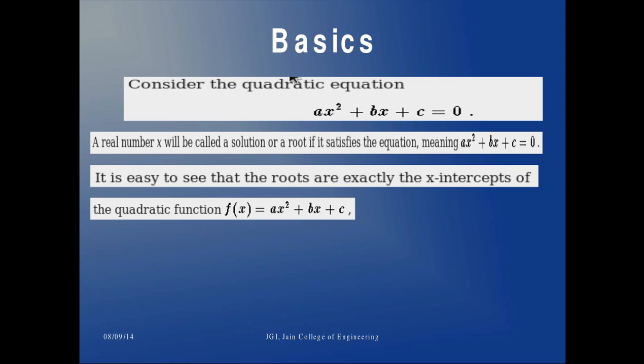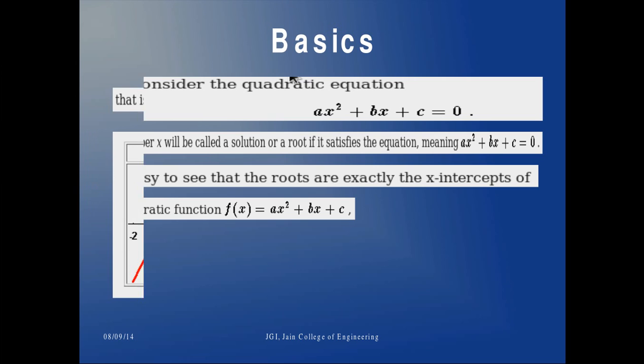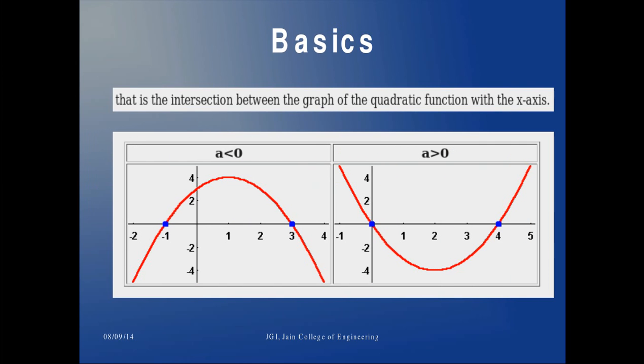So when I speak about finding the roots, I am trying to find the x-intercepts of the quadratic equation, that is, the intersection between the graph of the quadratic function and the x-axis. These are the x-intercepts, these are the roots, whether a is negative or positive.